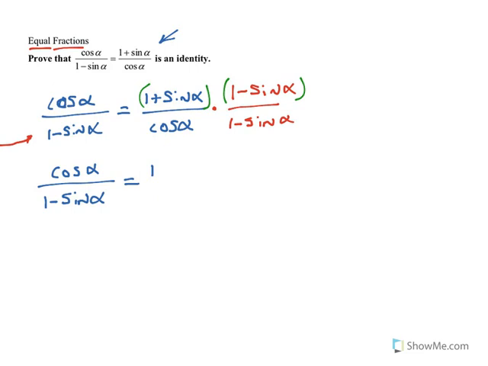If you're not able to do that in your head, let's do that off to the side. So you're going to have a 1, and then plus sine alpha minus sine alpha, and then a sine times sine is a sine squared, so it's going to be minus sine squared. So these are going to cancel in the middle. What you're basically left with is 1 minus sine squared alpha.